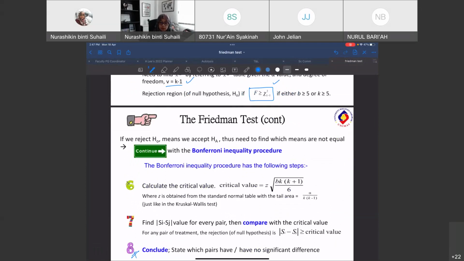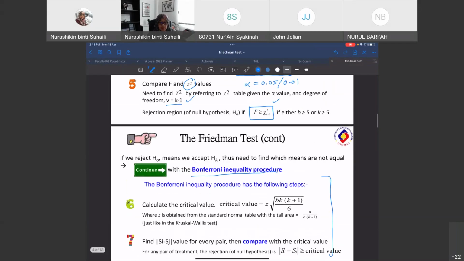The procedure here is called the Bonferroni inequality procedure. It's the same as Kruskal-Wallis that we covered last week. So you proceed with step 6 only if you reject the null hypothesis in step 5.